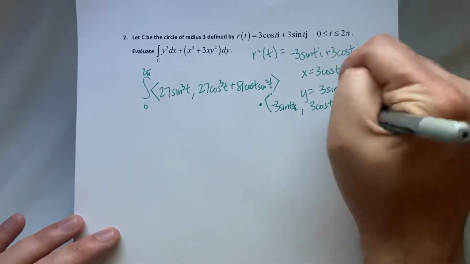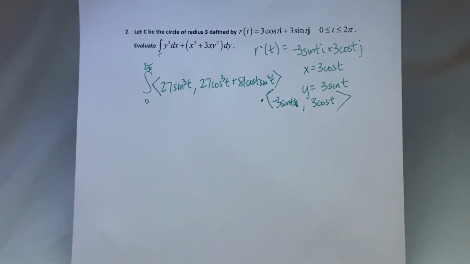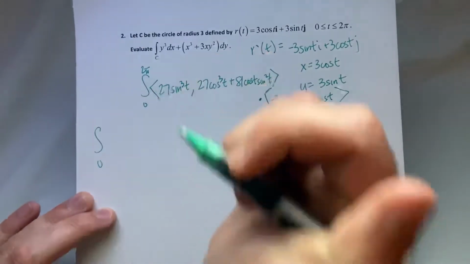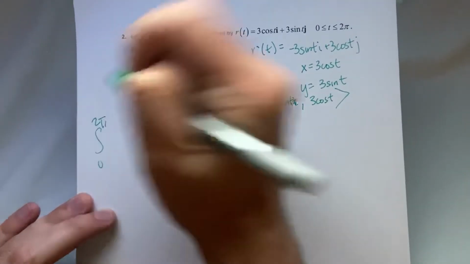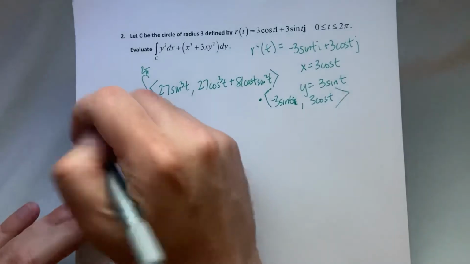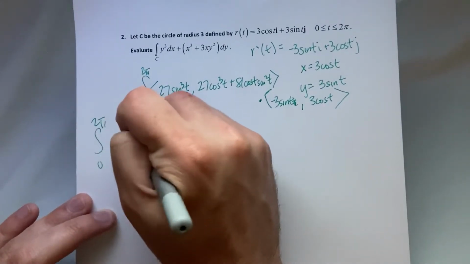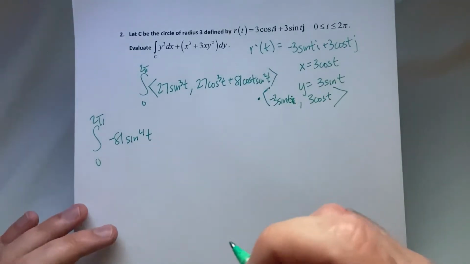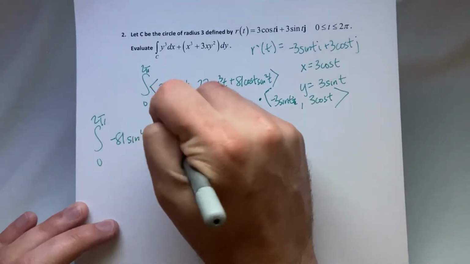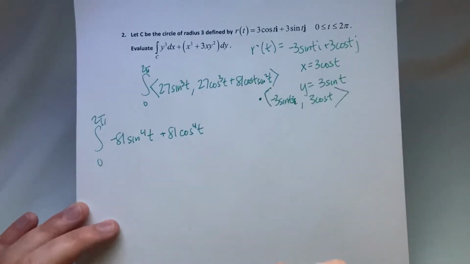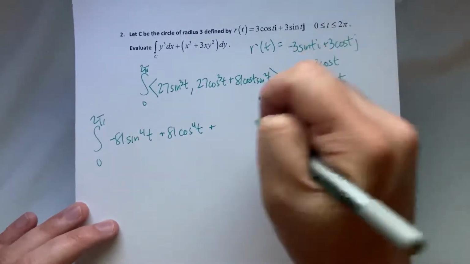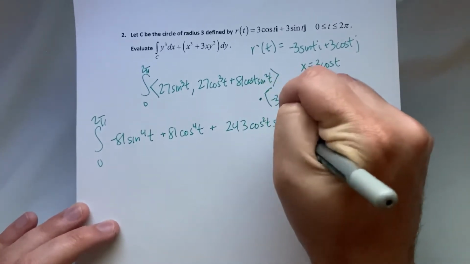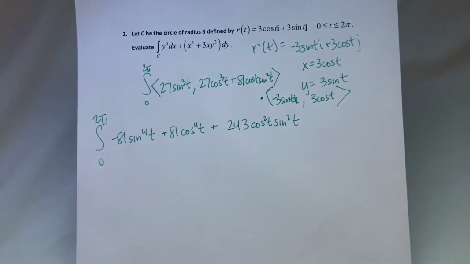We don't need the i and j for this form. So when I do this product, I get the integral from 0 to 2π of negative 81 sine to the 4th t, plus 81 cosine to the 4th t, plus, it looks like, 243 cosine squared t sine squared t.